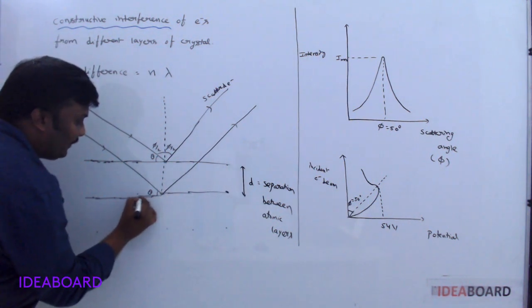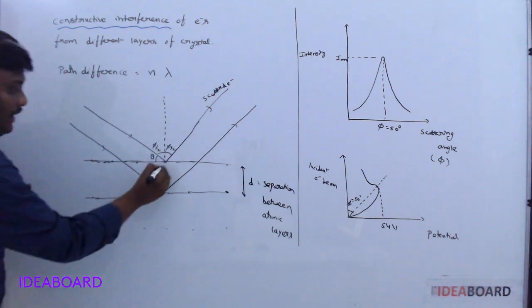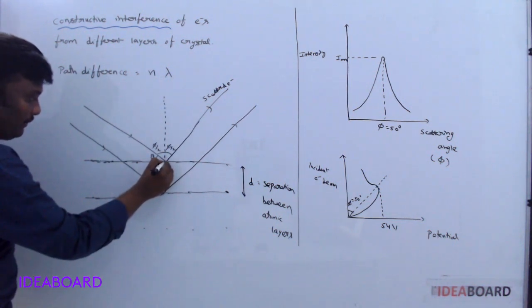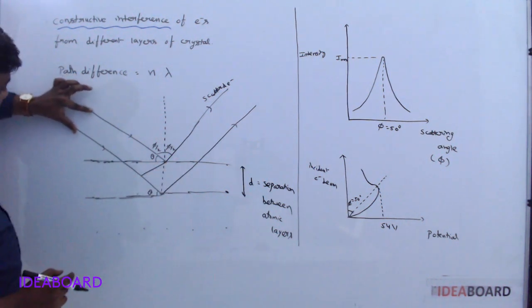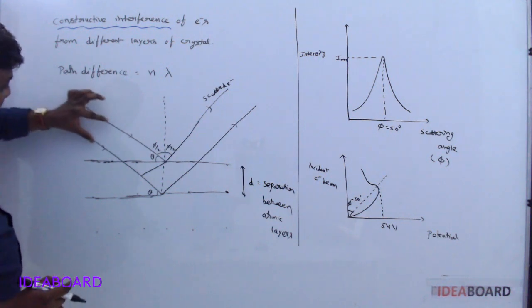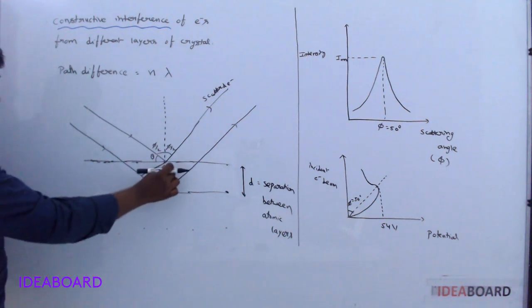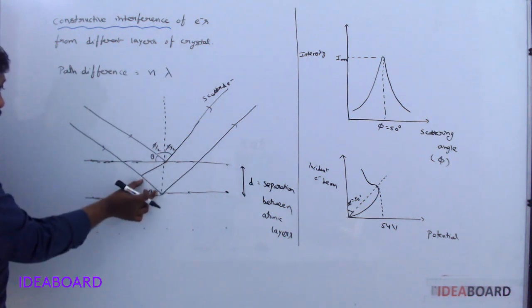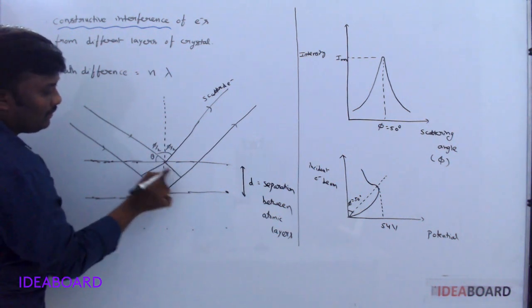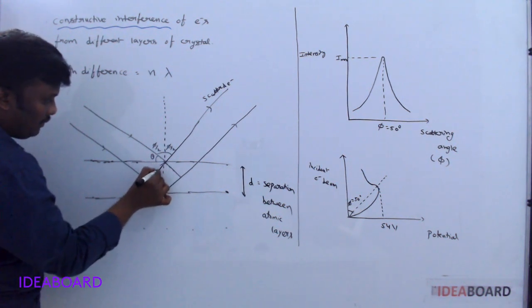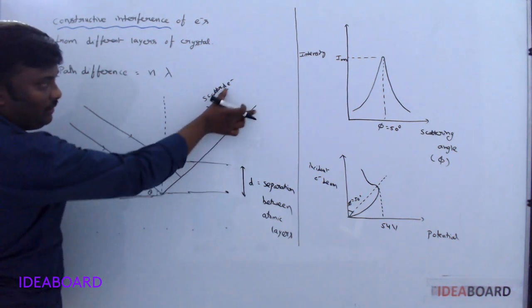Now properly see the diagram. What is the path difference between those two layers? Path difference means draw one normal from this point. See, these two rays will be coming like this. This portion is called the path difference. And here also draw one normal. Then these two are the same now.